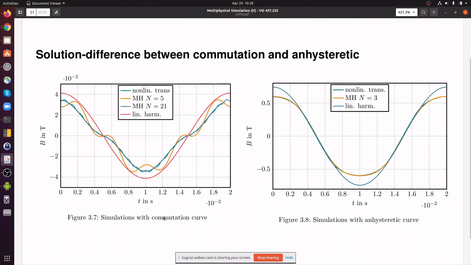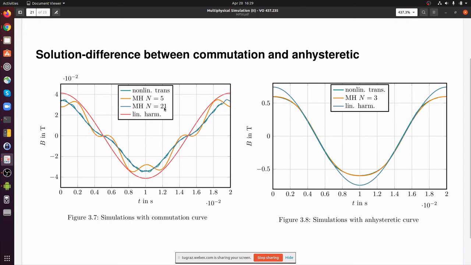So on the left, we're using the commutation curve with the kink in the magnetic reluctivity at low B values, and on the right we're using the correct anhysteretic curve. In turquoise is the nonlinear transient solution, so the reference solution. And with the multi-harmonic ansatz, we really need to increase the number of harmonics to somehow get close to the reference solution.